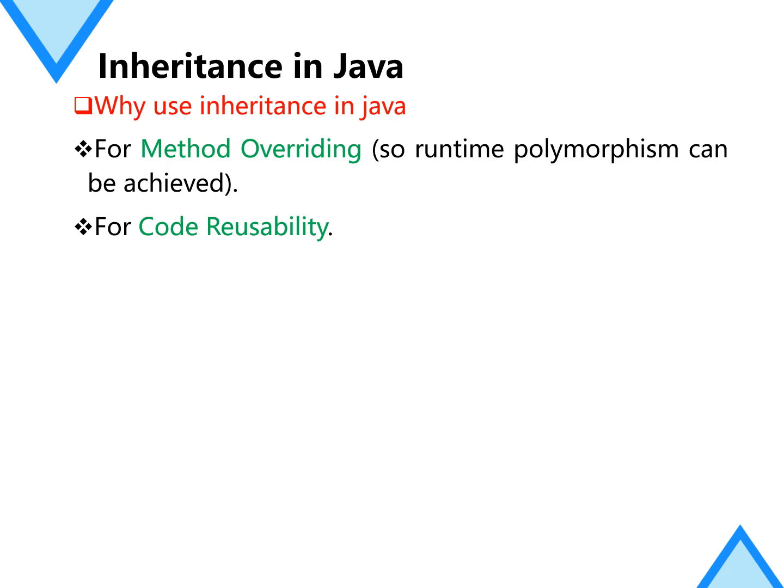So through inheritance we can achieve code reusability, and when we are reusing the old code, when we have high code reusability, it means the maintenance will be very easy, there will be a low error rate, and we also minimize the cost through code reusability. That's why we are using inheritance in Java.